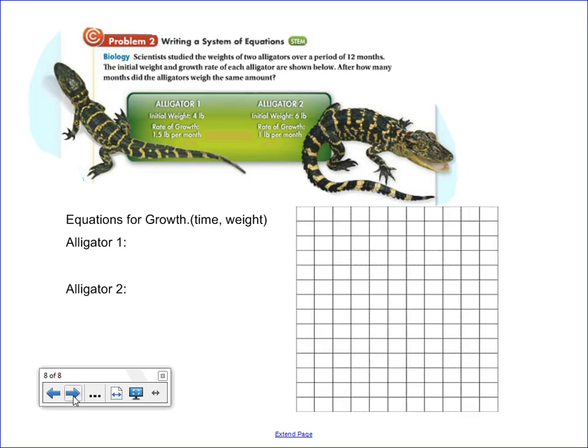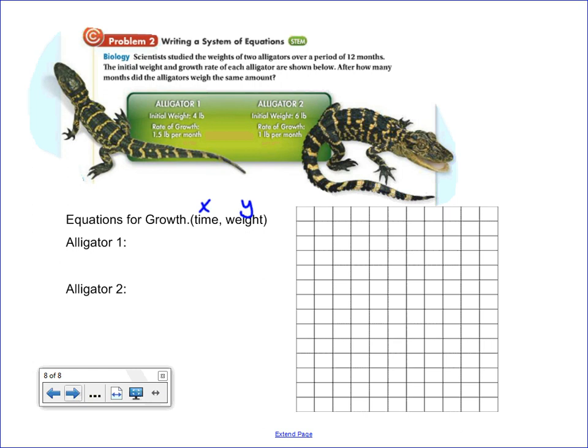Okay, the other place that you may see equations used with graphing is when we have story problems. So it says scientists studied the weights of 2 alligators over the period of 12 months. The initial weight and growth rate of each alligator is shown below. After how many months did the alligators weigh the same amount? So if I look at this one, I would say that the time is x, weight is y.